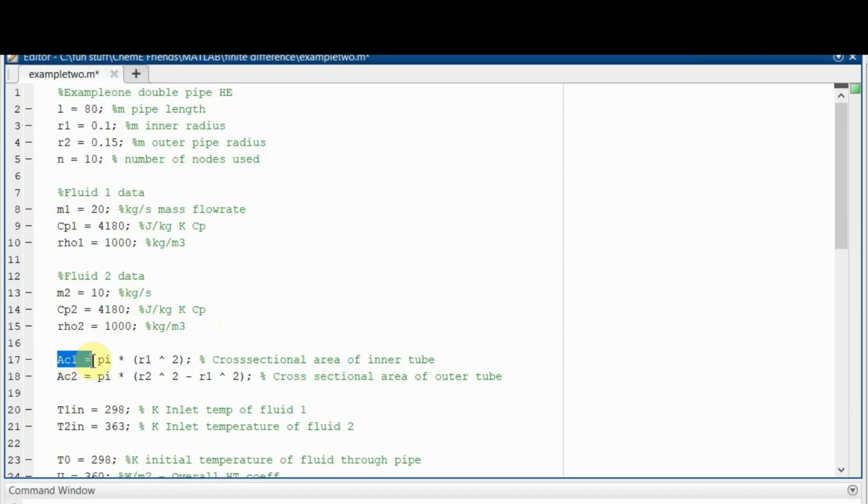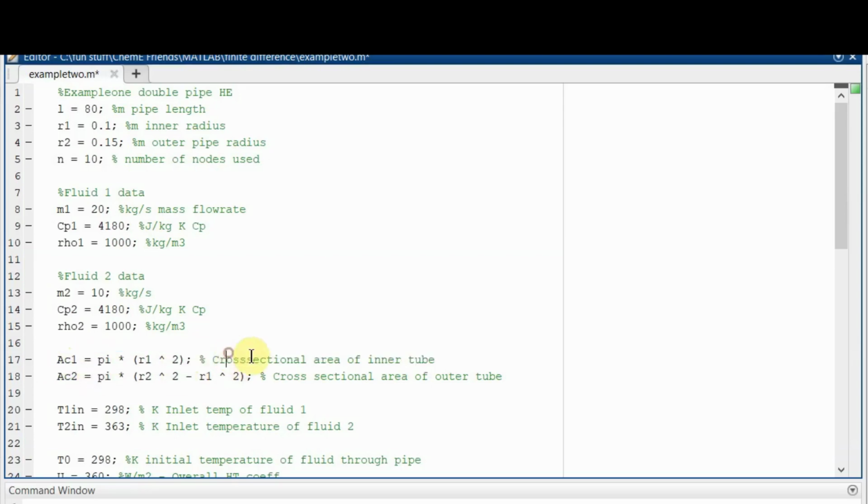So we have AC1. If you remember, in the accumulation term, we have in the tube side heat exchanger on the left hand side, you can go back and take a look at it again in the video, and you will see that we have AC1, which is the cross sectional area of the inner tube.